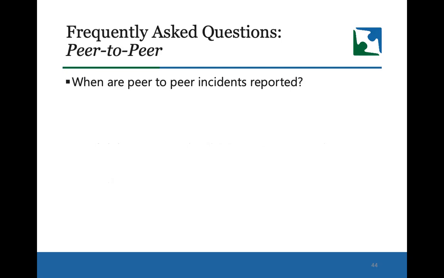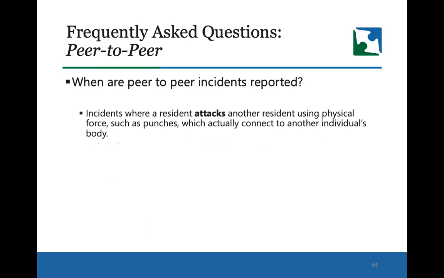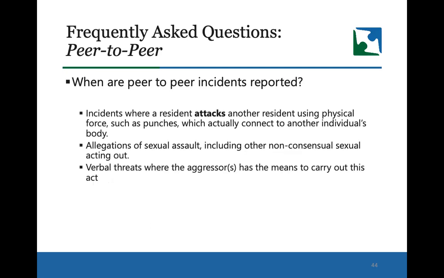So when a peer-to-peer incident is reported, generally providers do not report threats where there is no visible means for the individual to carry out their actions. There could, however, be a situation that could lead to a very serious act of aggression from a mere threat.